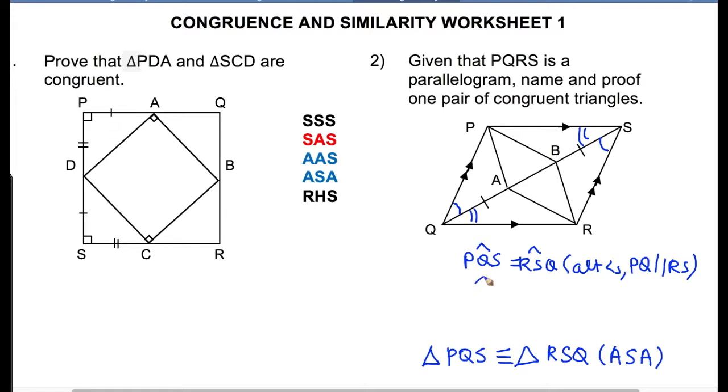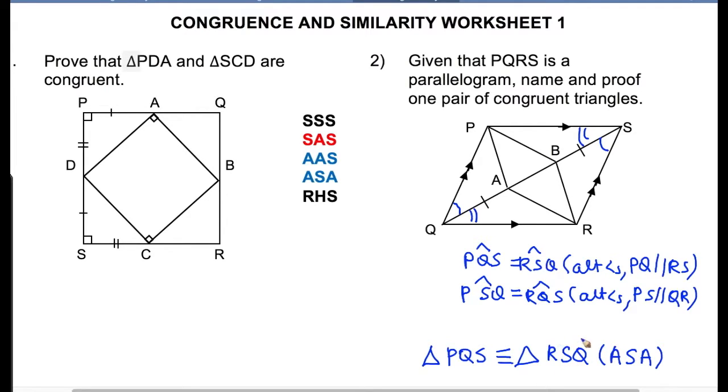Next angle is the angle PSQ. And angle PSQ is equal to RQS. And once again, they are alternate angles, but this time the parallel lines are PS parallel to QR.